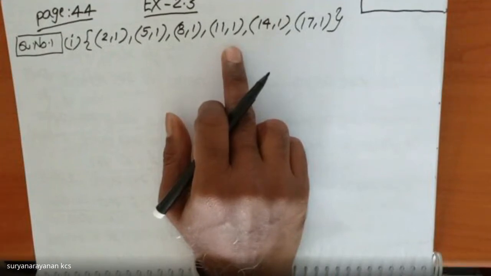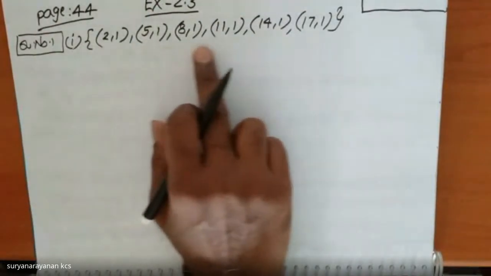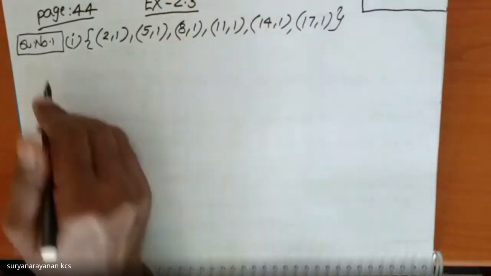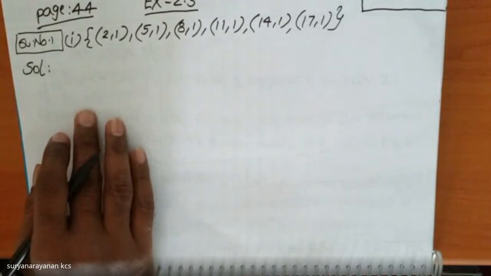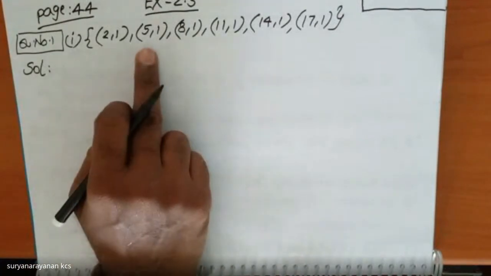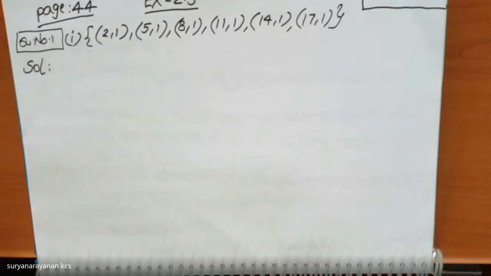This relation is given as a set of ordered pairs. Then what is the condition? What is the condition to be satisfied so that this relation is a function?